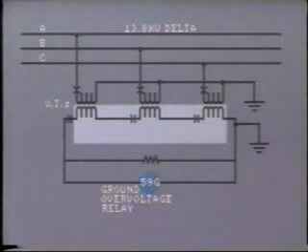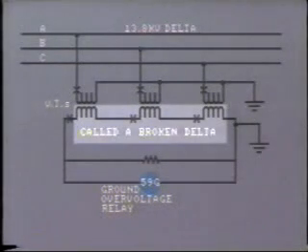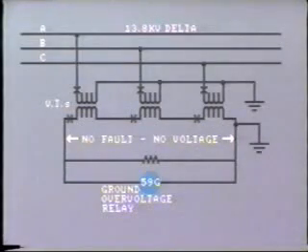The delta secondaries of the transformer are connected in series. This is called a broken delta. One side is grounded like this, and the other feeds a ground over voltage relay. If no fault exists, there is negligible voltage across the relay because the balanced voltages produced in the secondaries cancel each other out.